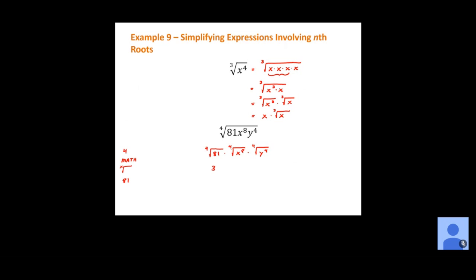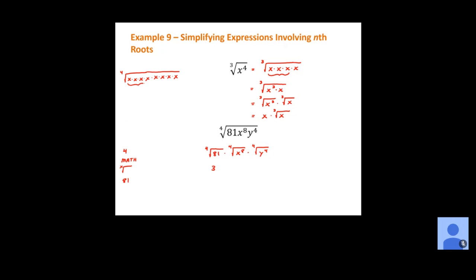Now, the next one, the fourth root of x to the eighth. We could split this up just like we did the first one and say that's an x times itself 8 times. If we do that, we have the fourth root of x times x times x times x, x times x times x times x. And remember, we're looking for groups of 4 this time because we're taking a fourth root.